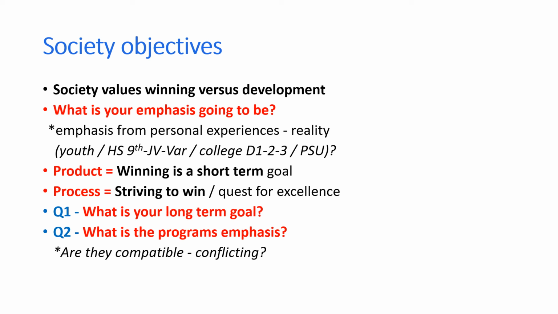And then obviously getting to teach at Penn State, see it from a major Division I program. Again, remember, winning is a short-term goal. That's the product. It can be important, but the process and striving to win and quest for excellence is kind of where we've got to be in order to get to that product.